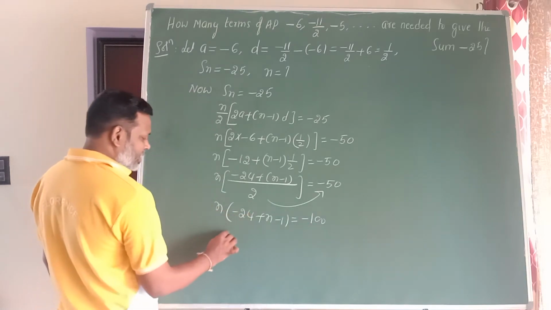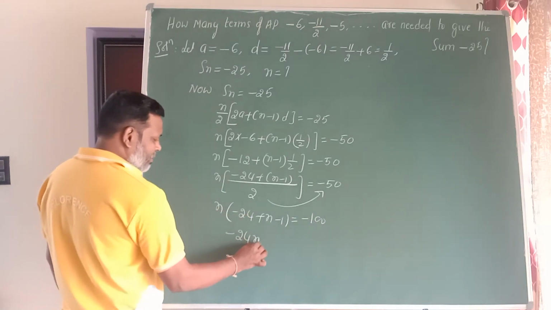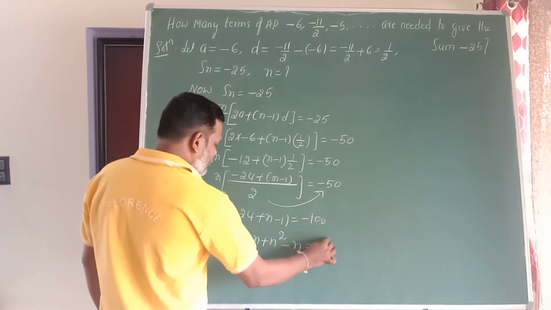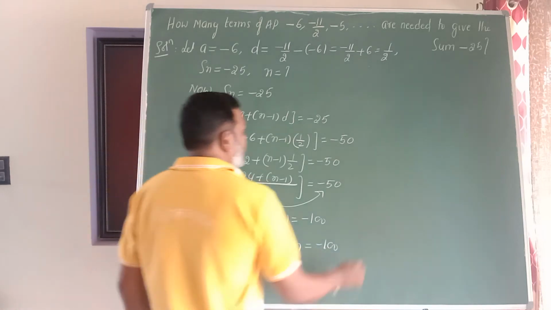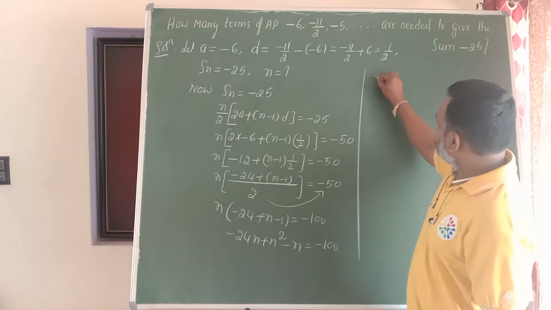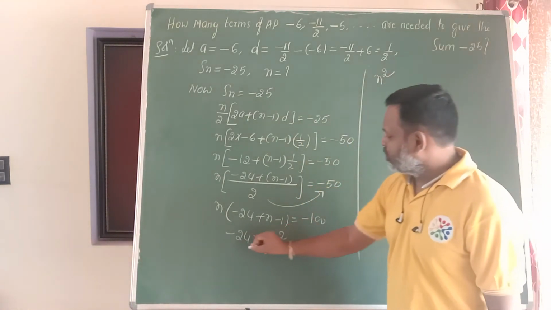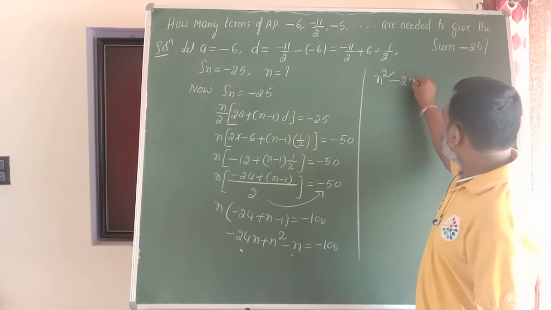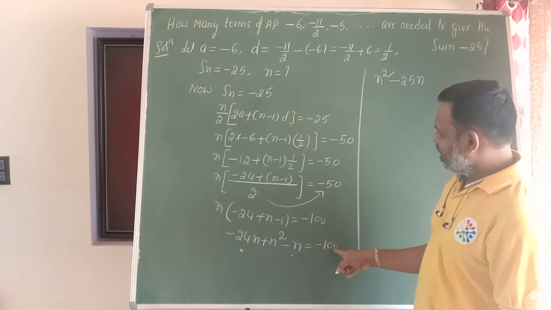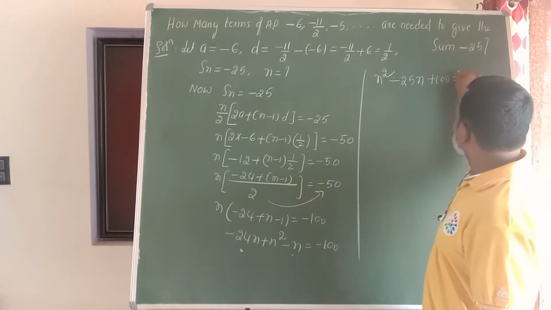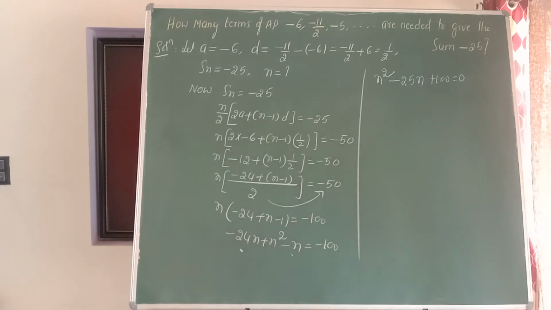Simplify this: minus 24n plus n square minus n is equal to minus 100. Now rearrange this: plus n square first, minus 24n minus n, that is minus 25n, and minus 100; when it comes to LHS this becomes plus 100, is equal to 0. Now you have the quadratic equation.